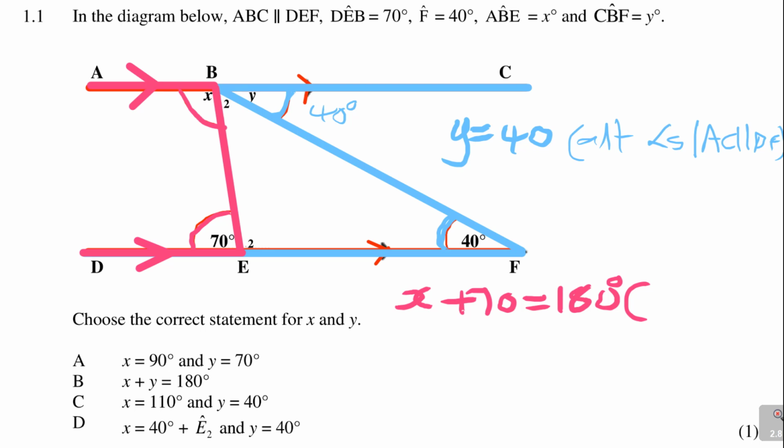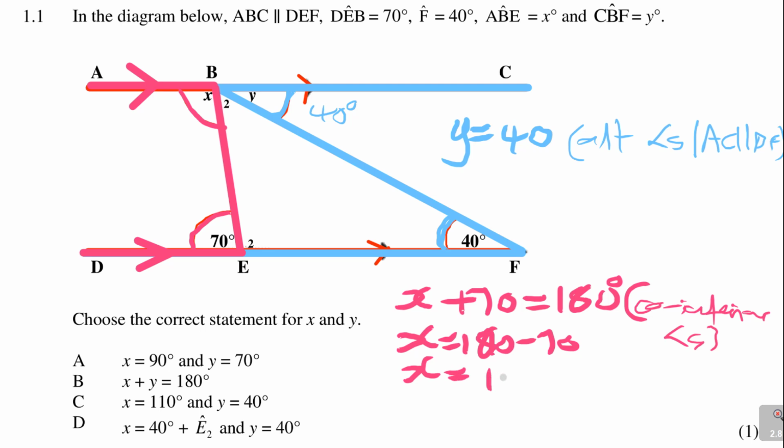Why? Because they are co-interior angles, and the reason being DF is parallel to AC. So your final X is 180 minus 70. X is 110. Are you with me? So that is the value of X.